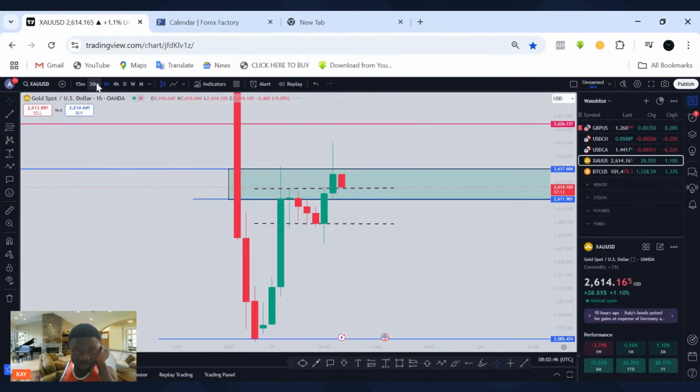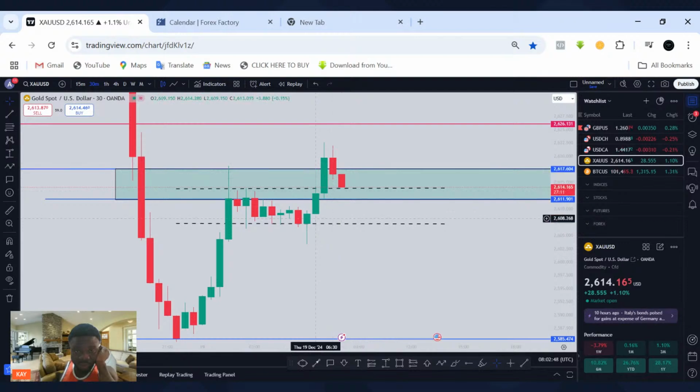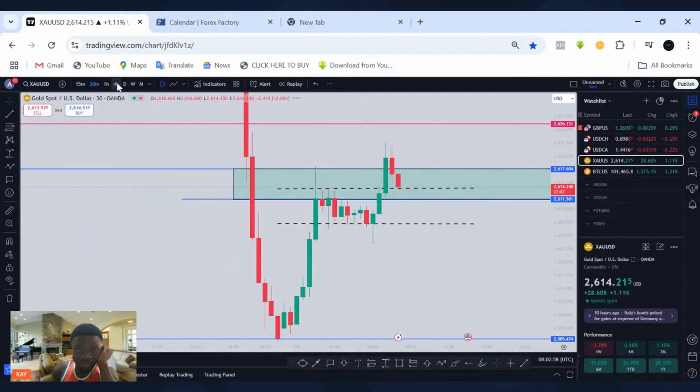So you see the setup. This is what I was expecting this move to do. You see how it has flipped. This is what I was expecting this one to also do. Then price will continue.